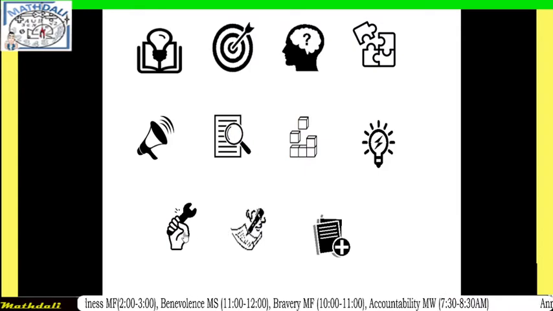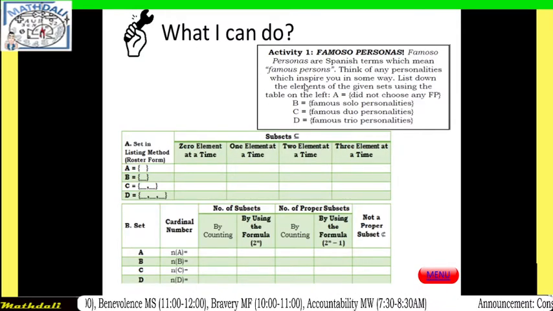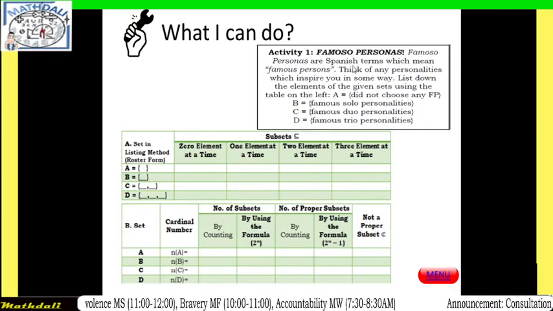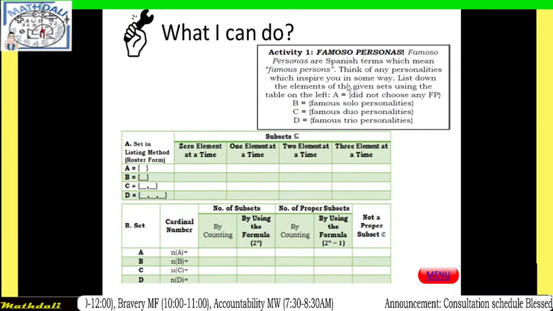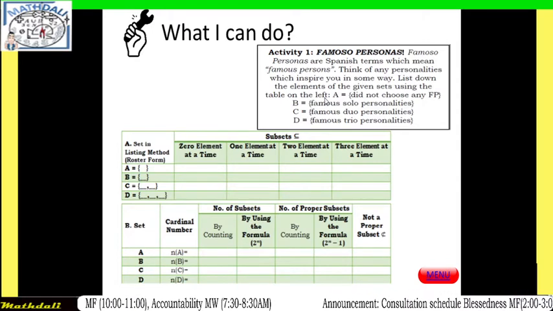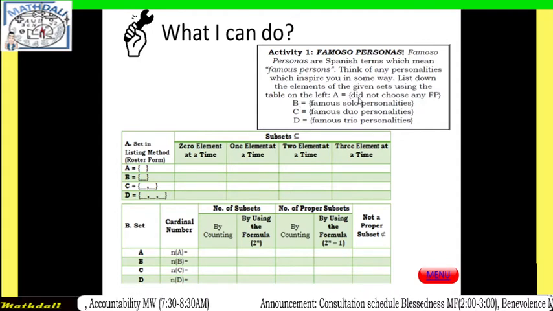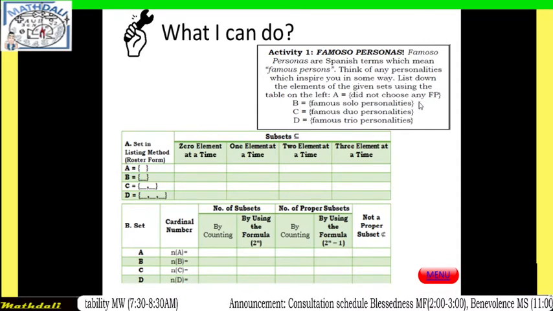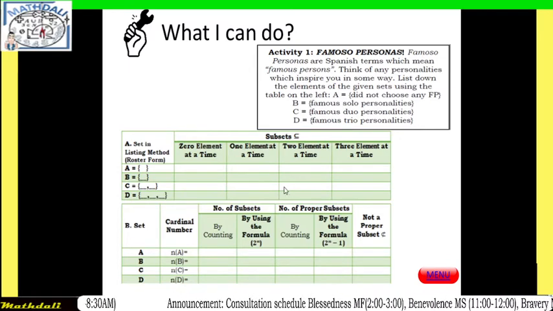Okay, next, this is What I Can Do. We're going to think of any personality who inspires you in some way. List down the elements of the given set using the table at the left. Famous person.